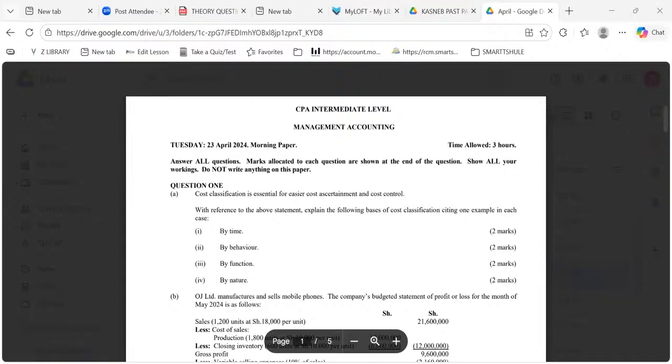Can you give us the examples of costs based on nature?